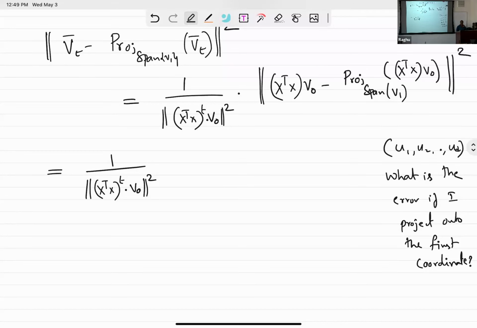Any suggestions? Yeah, which is onto the first coordinate. Sum of squares of the other coordinates, right? You have d coordinates. I'm taking out the first coordinate because I'm projecting it out. So what is left? It's just the sum of squares of the remaining things, right? So the answer should be u2 squared plus u3 squared plus so on. Okay, and then the square root because you're looking at the length, right?